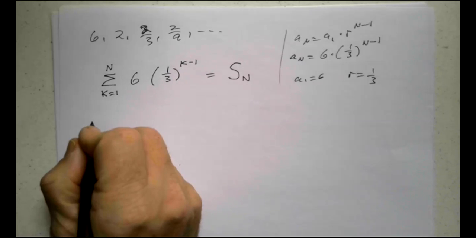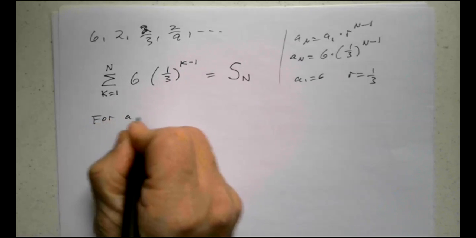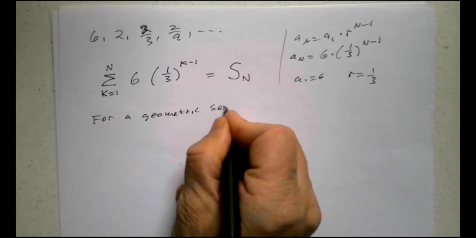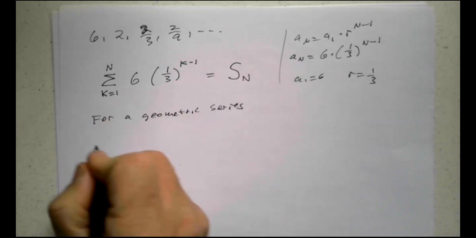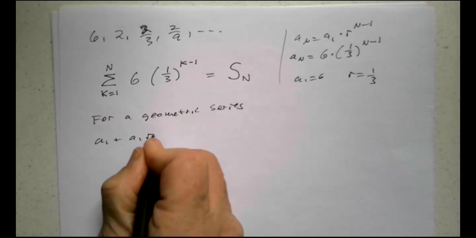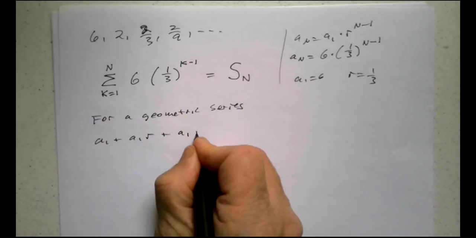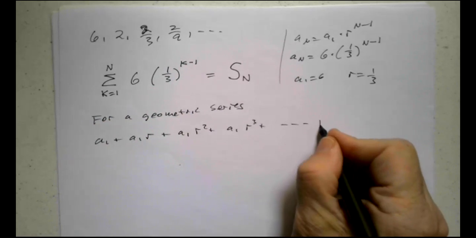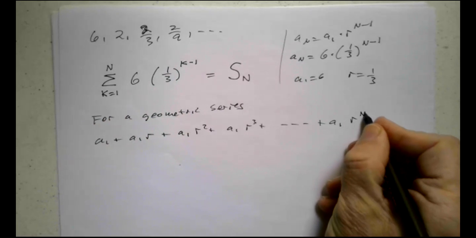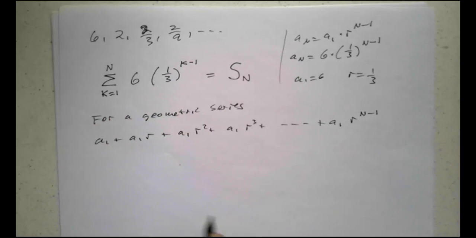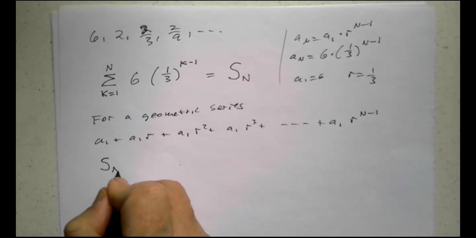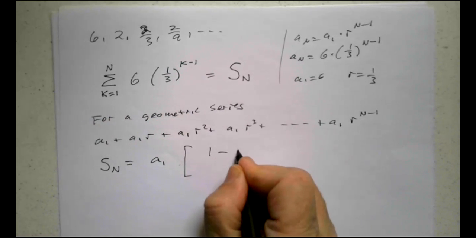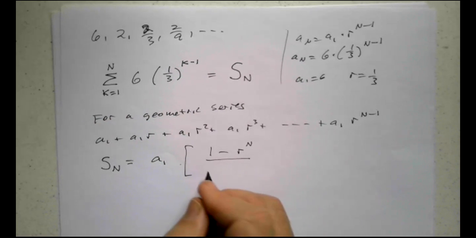But also remember, for a geometric series, the sum is a1 plus a1r plus a1r squared plus a1r cubed, up to the nth term, which is a1r to the n minus 1. For a geometric series, the sum of the first n terms is a sub 1 times 1 minus r to the n, over 1 minus r.